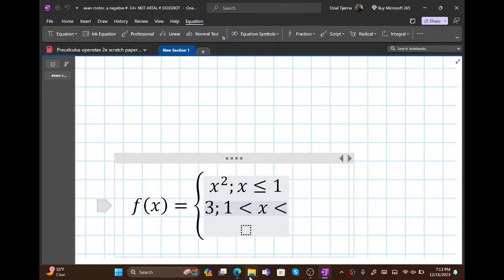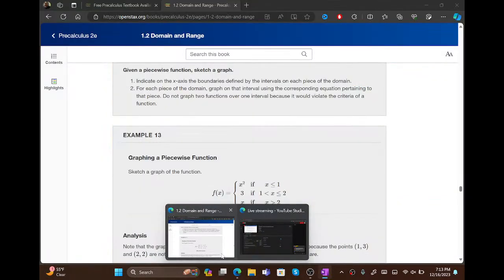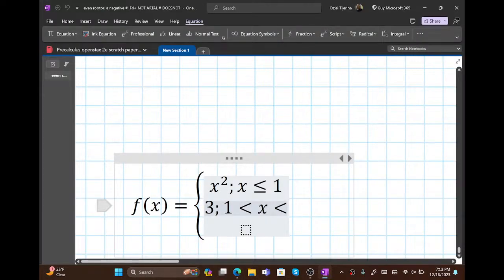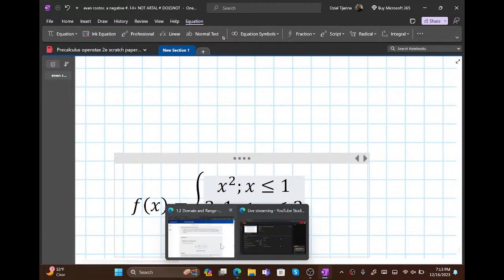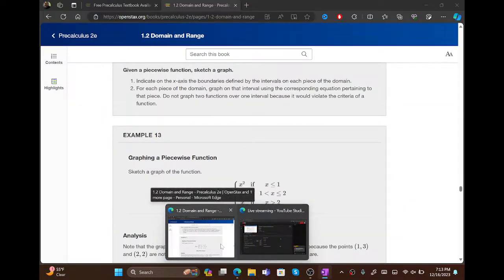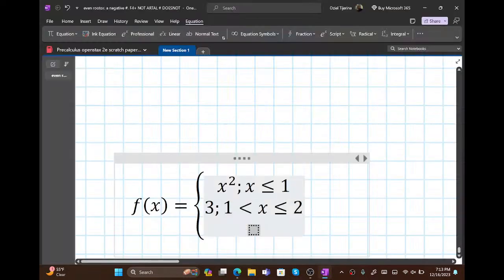One is less than x is less than, what was it? x is less than or equal to 2. And then the next one is x such that x is greater than 2.